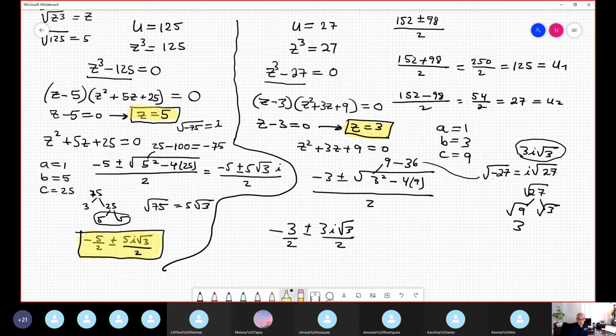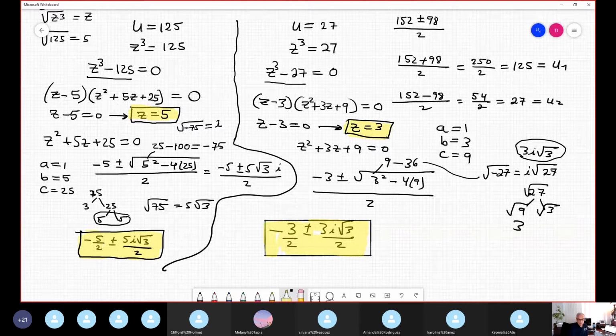One, two, three, four, and 5 and 6 solutions. 2 real, 5 and 3, and 2 complex. No, 4 complex. 4 complex. End of the story.